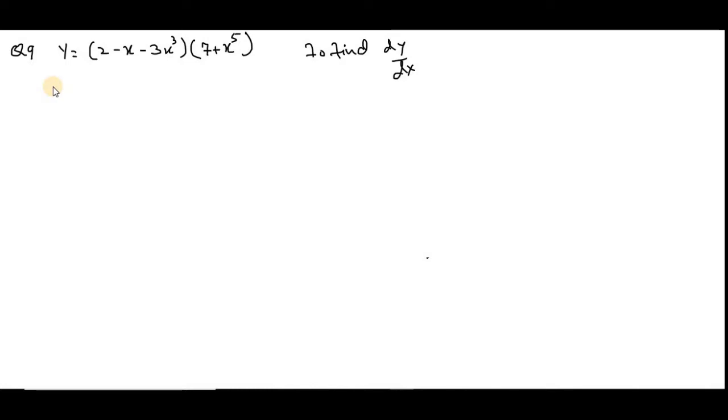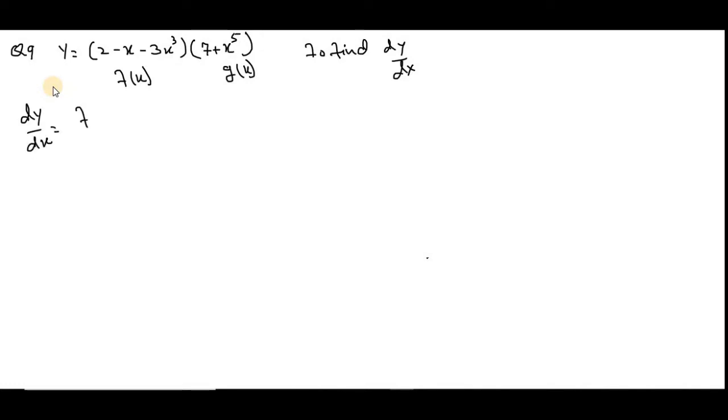Now question number 9, here we have to find dy by dx. We see that there are two functions being multiplied, which is f of x and this is g of x, and they are being multiplied. So we are going to use product rule here.